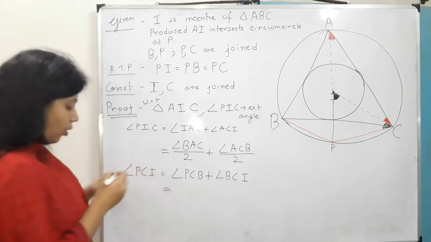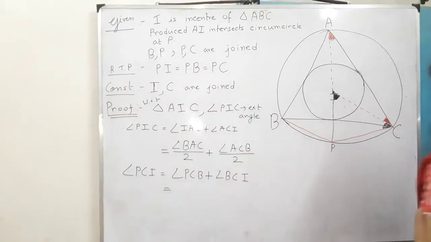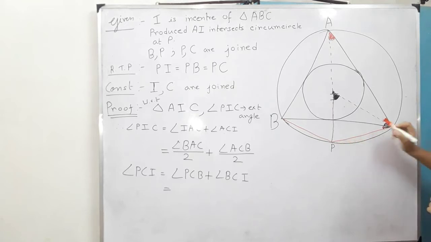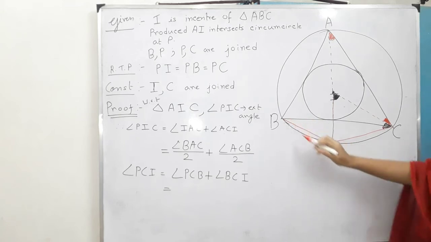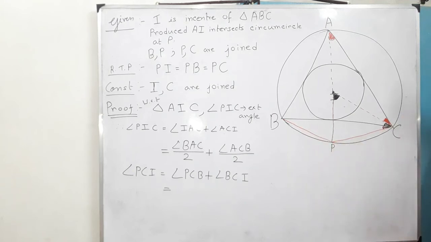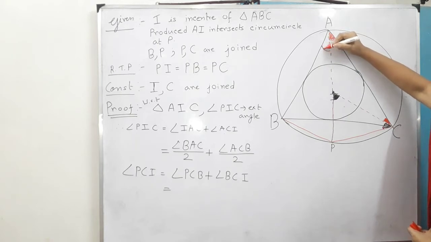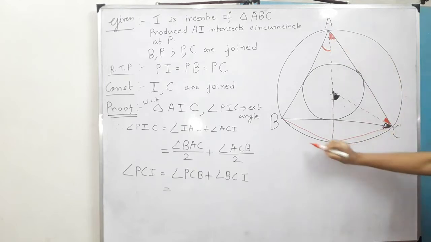Now one more thing you will observe. If I take this angle PCB, means this one, PCB lying on the arc PB here. If you observe properly, this one PCB lying on the arc PB. One more angle is there, that is angle PAB, this one. It is also lying on the arc PB.